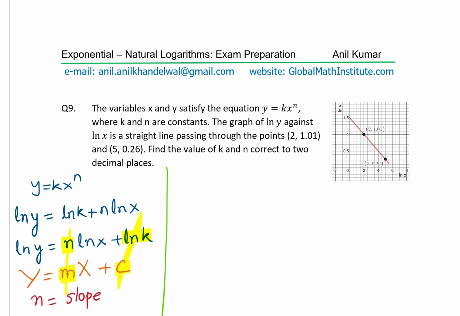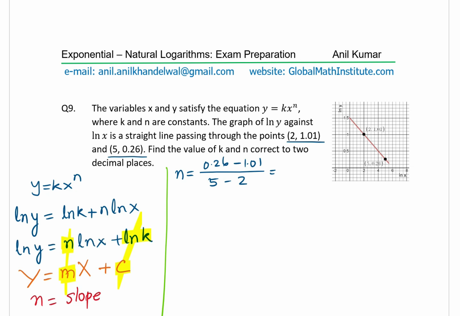The slope m is equal to, let's write n equals slope. So we are given the 2 points. We are going to use these points: y2 minus y1, which is 0.26 minus 1.01, divided by 5 minus 2. So let's use the calculator to calculate this answer.